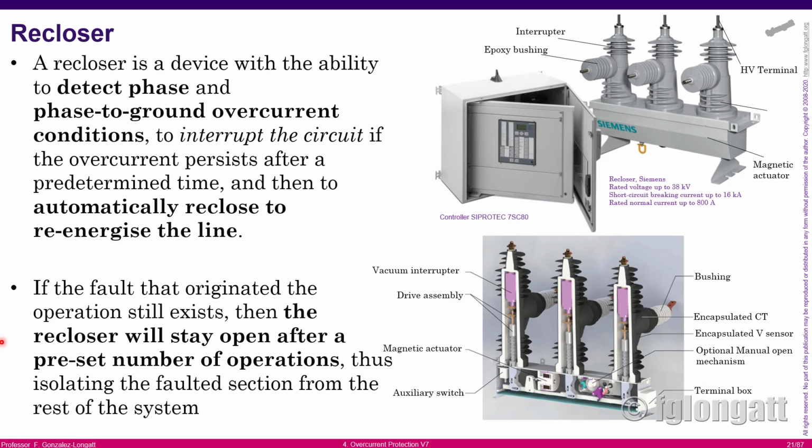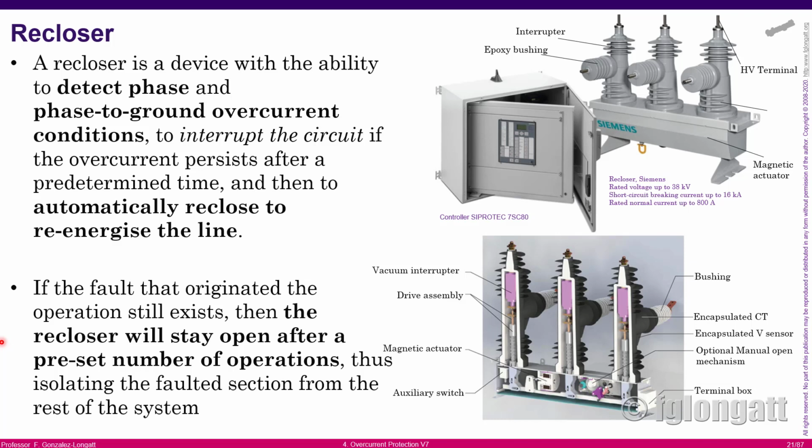The recloser is quite useful at distribution level for a very simple reason. At primary distribution level, especially if you are using overhead distribution lines, it's typical that the short circuits are just temporary.